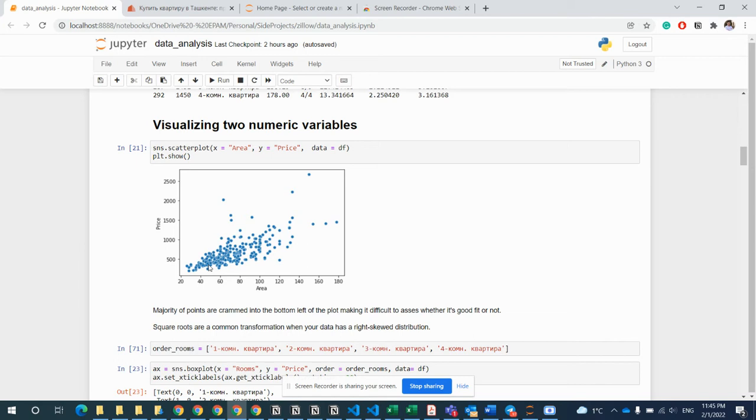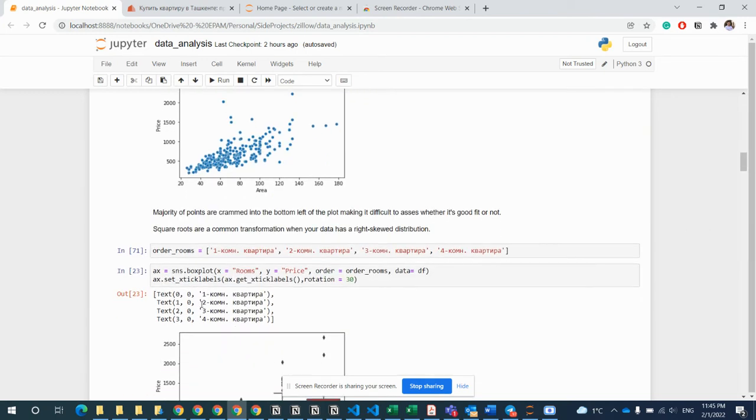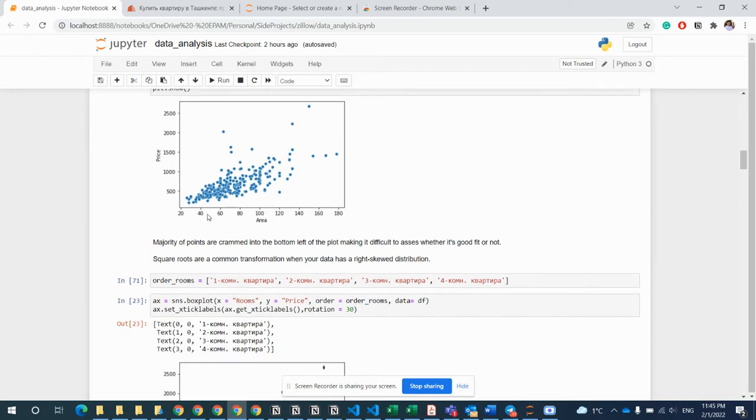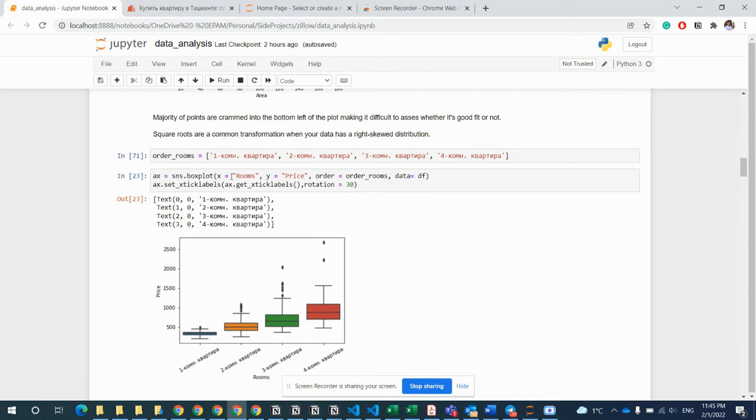By the way, area is in meter square, and the price is between like 0 and 2000. A majority of points are crammed into the bottom left of the plot, making it difficult to assess whether, let's say if I just draw a regression line, it's a good fit or not.